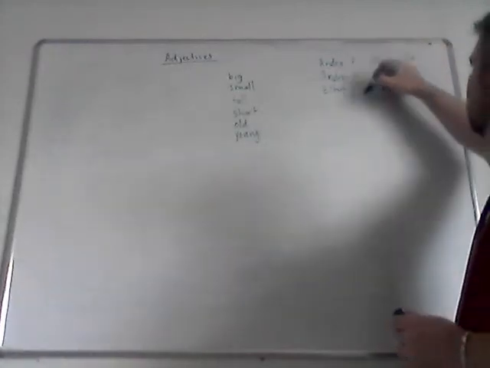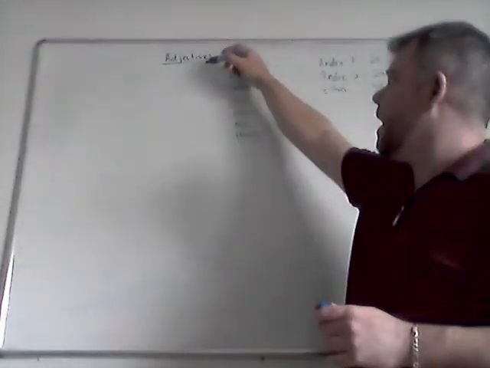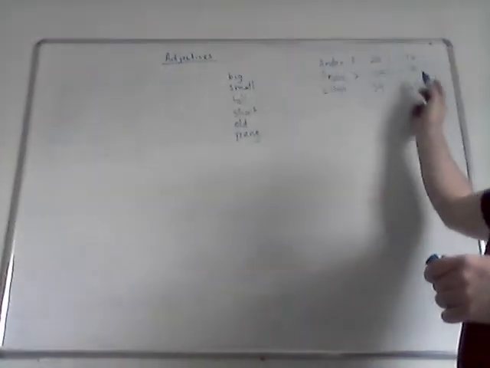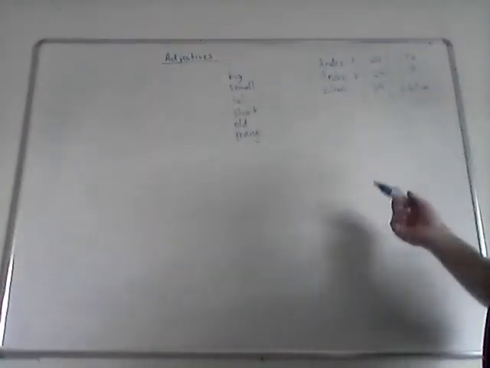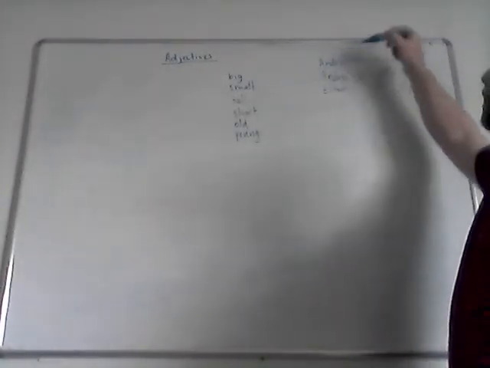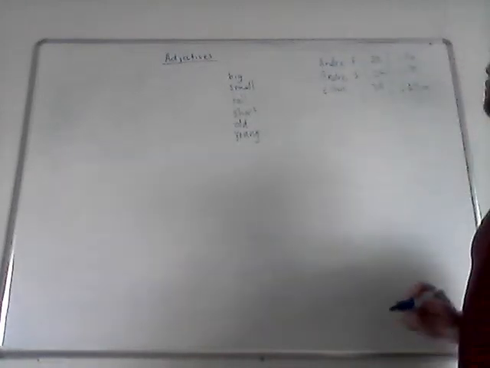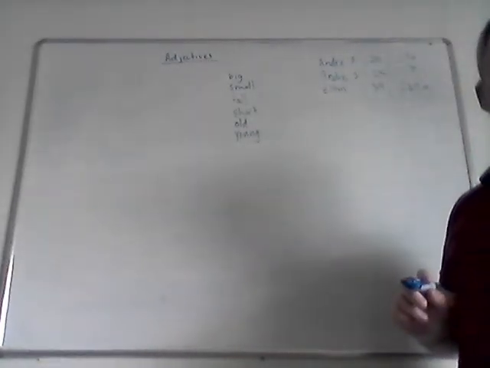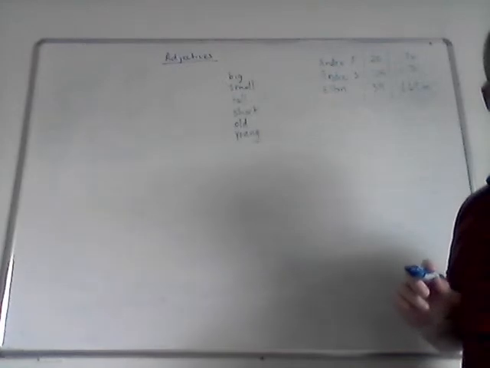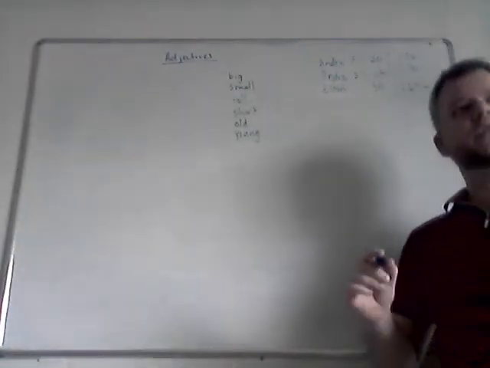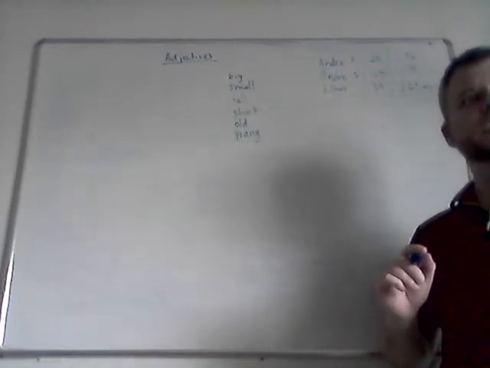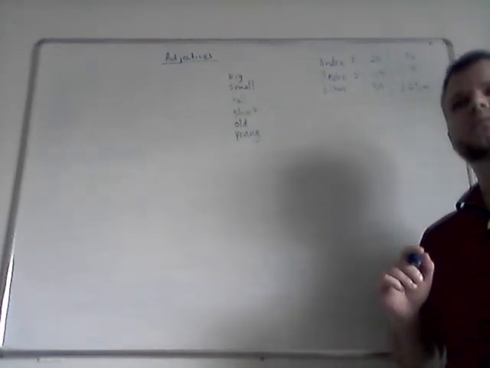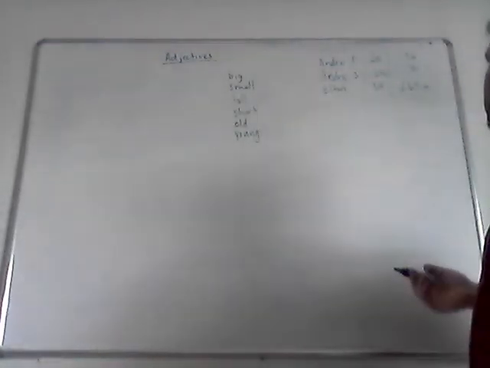All right. So I use adjectives to describe. Okay, so I can say, for example, Andrei is tall. Elton is short. Andrei is young.